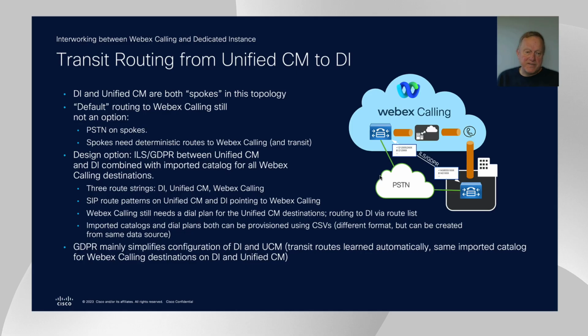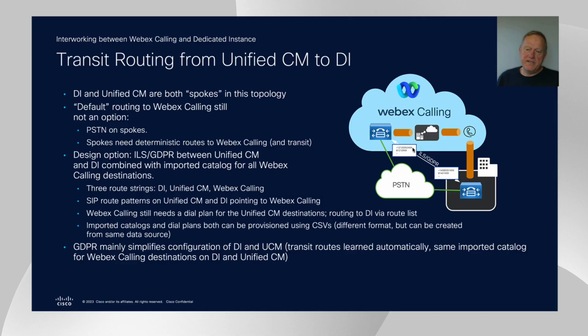To simplify this type of deployment, what you could do is enable ILS or GDPR, global dial plan replication, between these guys and let them exchange reachability information based on GDPR. And this works although there's no direct SIP trunk between these communications manager instances.